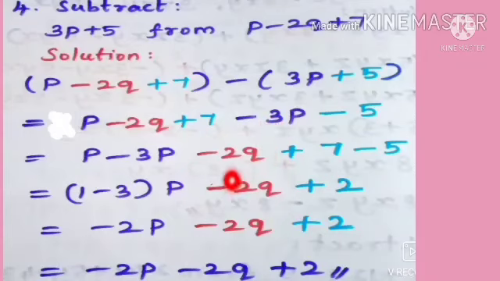So in the next step, we have to arrange the like terms separately in an algebraic expression and subtract the coefficients of like terms in this line. And here finally we get minus 2p minus 2q plus 2 as an algebraic expression.